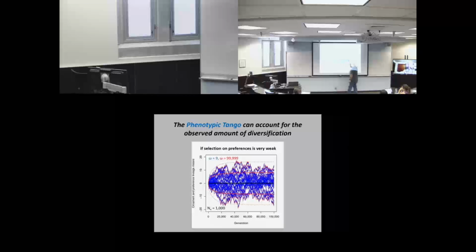This black band shows us our expected 99% confidence limits for the ornament if we just had natural selection, right? Here's the 95% confidence limits for the preference. So it's much weaker than the selection here. And here you're seeing the actual lineage means out there.